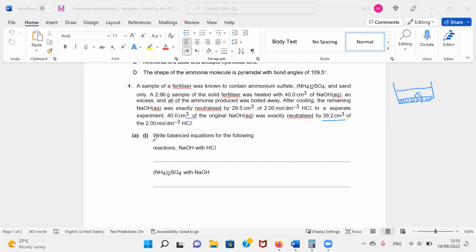So to start with, they want you to write the sodium hydroxide and HCl reaction, and the ammonium sulfate and sodium hydroxide reaction. Now, I hope that you have made the connection between the two, because basically you do this reaction, and after you do this reaction, you neutralize the remaining sodium hydroxide with HCl. So this is an easy one.